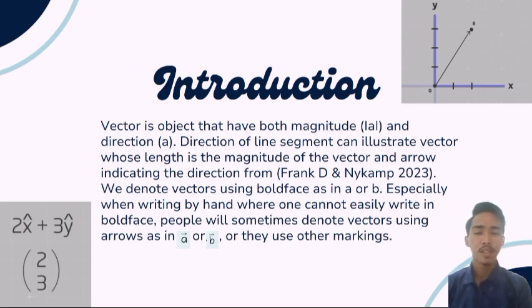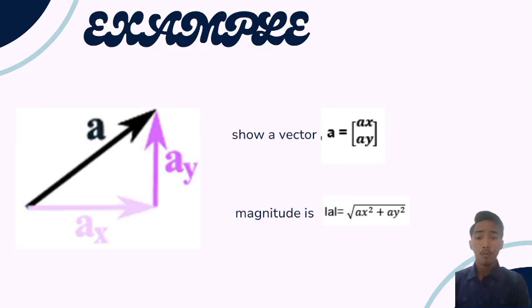Then we mathematicians use an alphabet with an arrow above it to represent the vector of something that we want to write. For the sake of knowledge, let us see an example of what I mean by boldface and the writing of the vector.